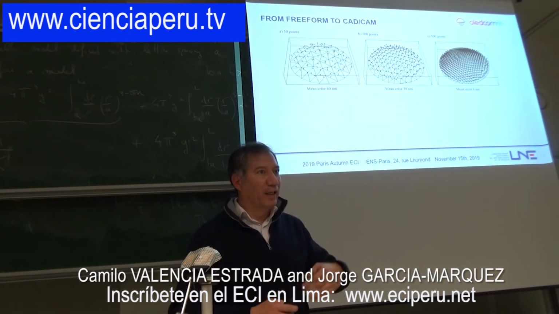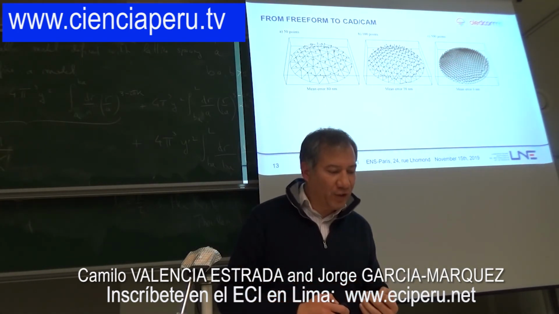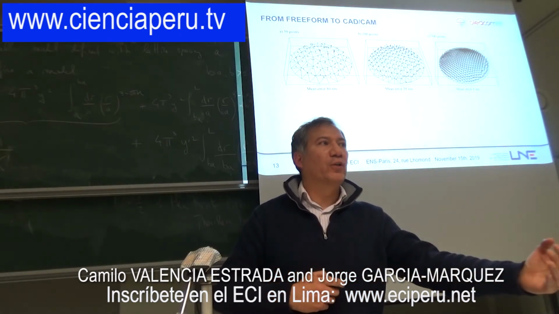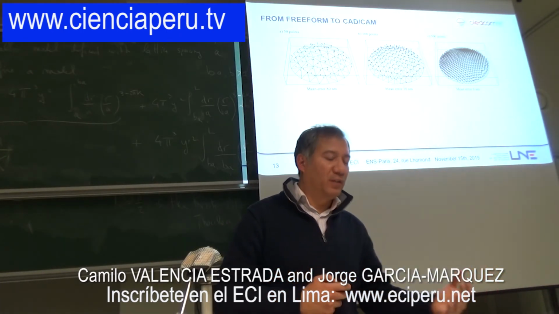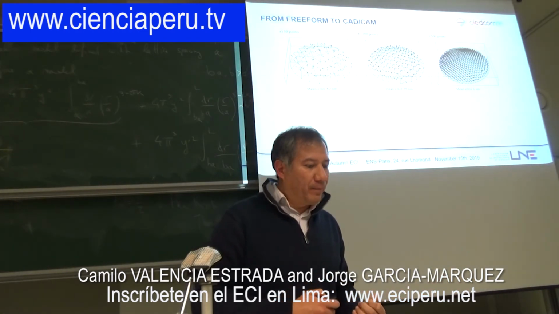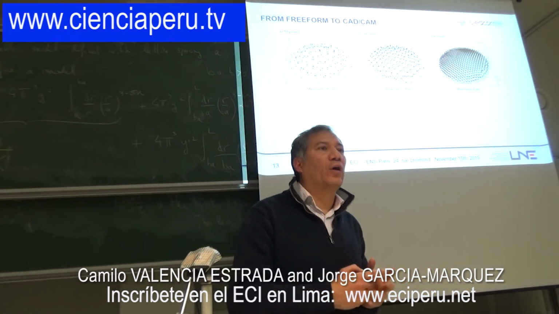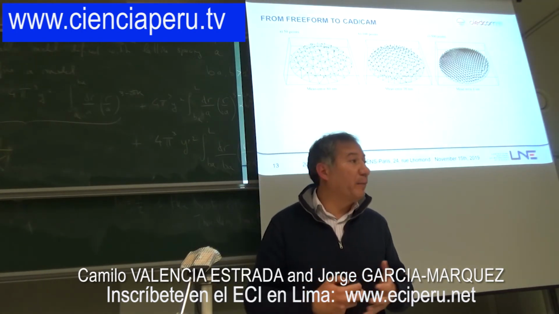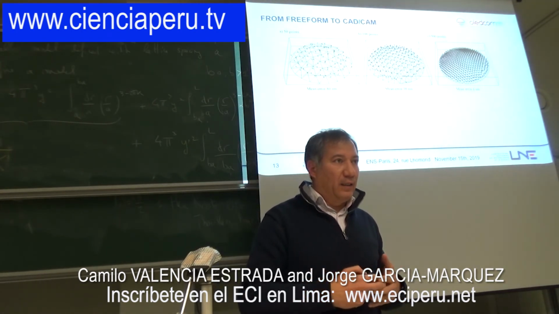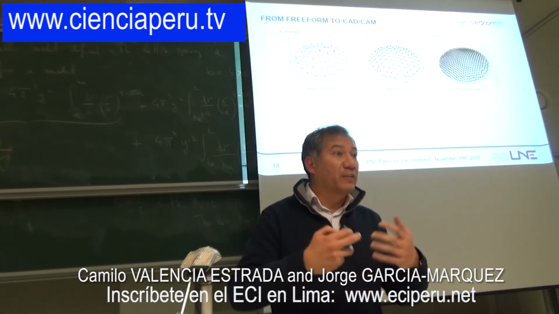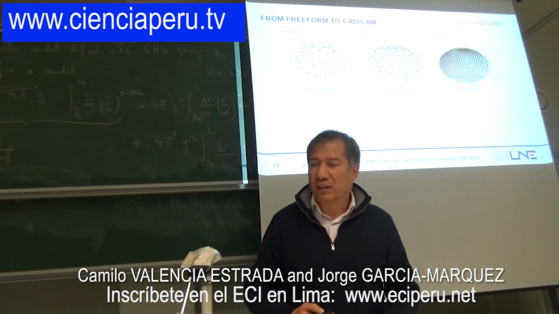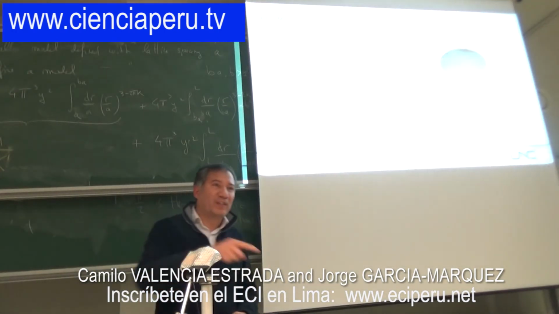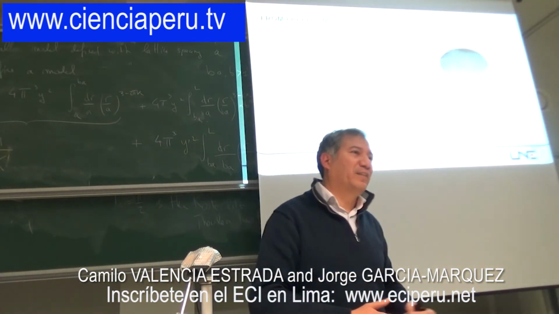Now, the last part of our research was how to go to production of lenses, because this is the point. Well, our surface is represented parametrically. We can convert that into an expression, but it's an expression of how many pages? 60 pages. So to put that into the machine is messy.